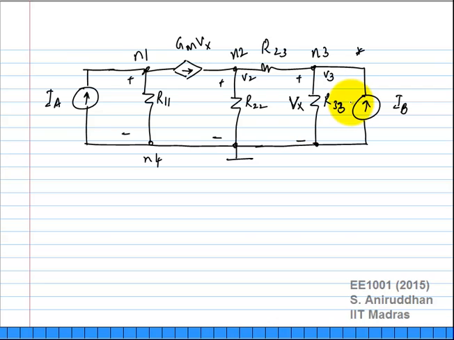In this particular case, the voltage across R3 also happens to be V3, so I could have just called it Gm times V3. So we are considering the case with voltage controlled current sources. What do you do in this case?